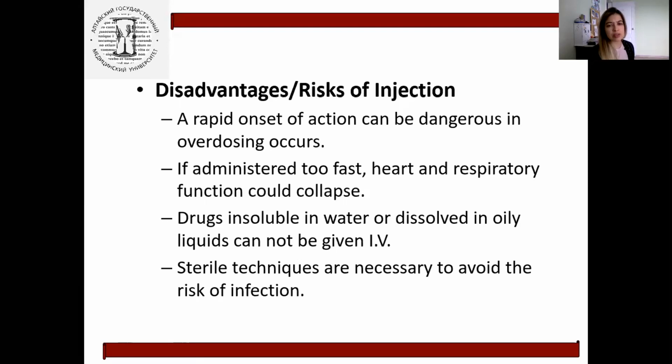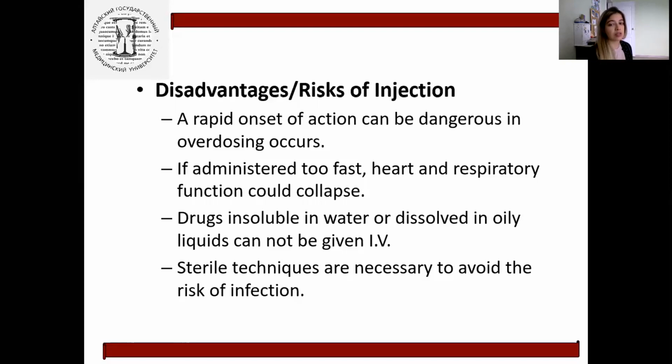Okay, drugs insoluble in water or dissolved in oily liquids cannot be given by IV. Of course, everybody understands that you shouldn't give liquid oils in the blood, because embolism can occur.